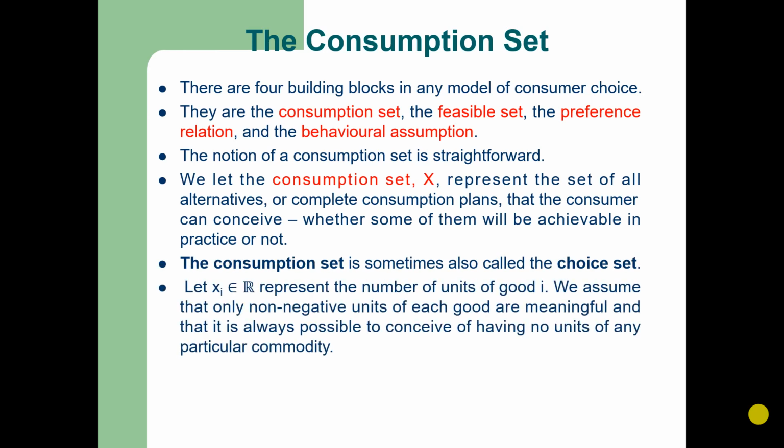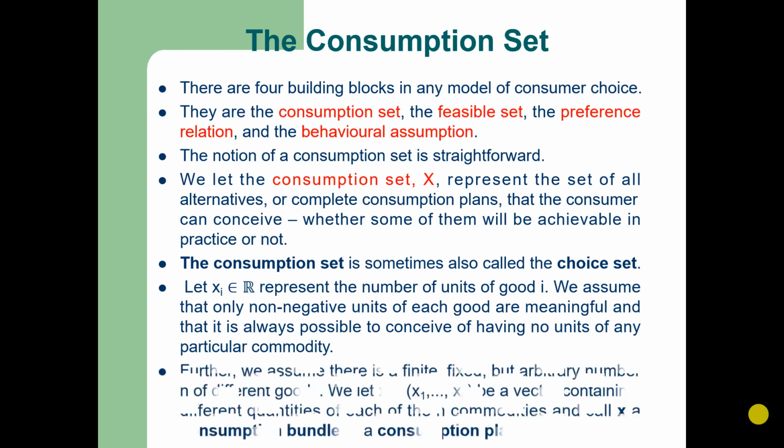Let Xi belong to the n-dimensional Euclidean space, which represents the number of units of good i. We assume that only non-negative units of each good are meaningful and that it is always possible to conceive of having no units of any particular commodity. Further, we assume that there is a finite, fixed, but arbitrary number n of different goods.